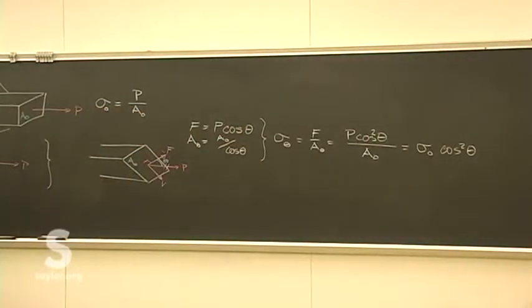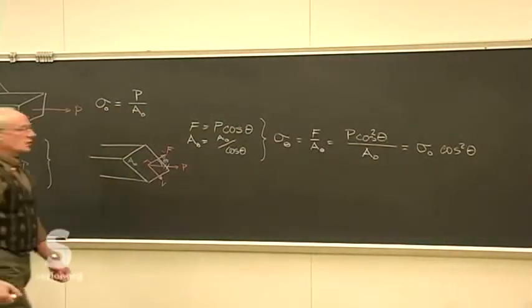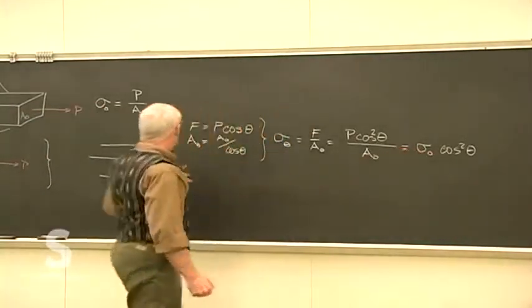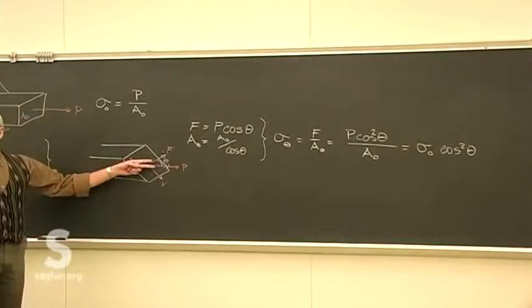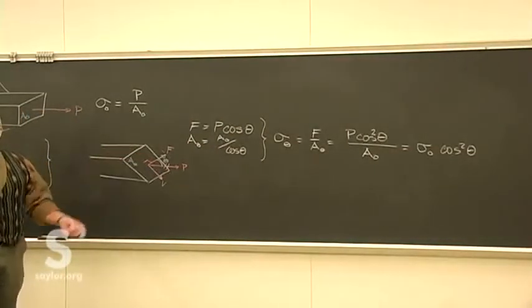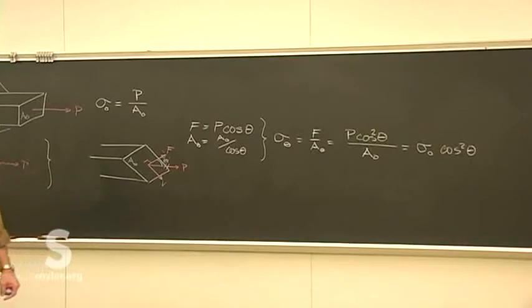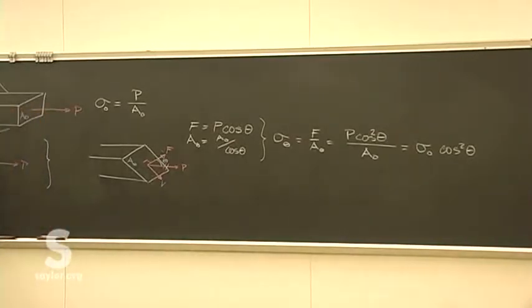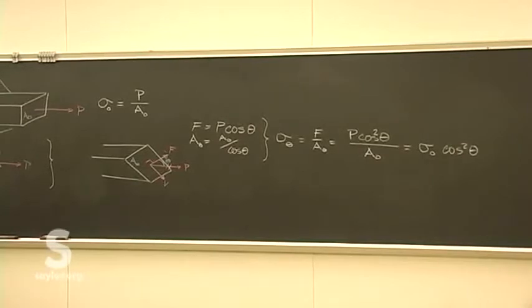And because cosine is never greater than 1, cosine squared certainly never greater than 1, we find that we always have a normal stress at an inclined angle less than the normal stress we had experienced at the regular axial direction as we originally had. So that tells us at off angles, at oblique angles, we don't expect there to be greater normal stresses than we would have found in the original look at the normal stress anyway.